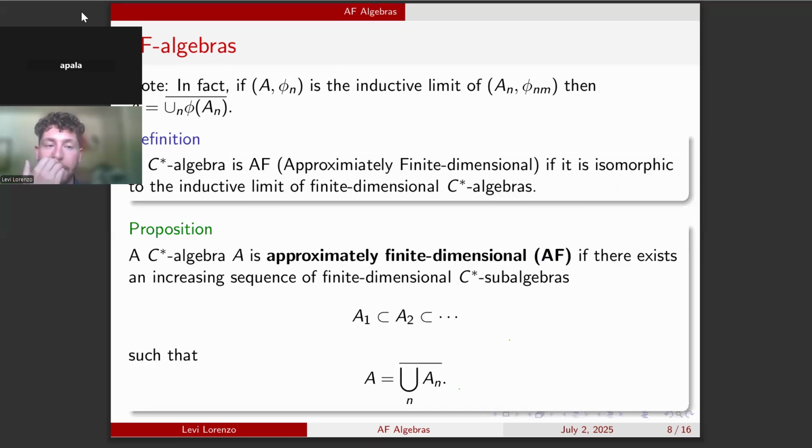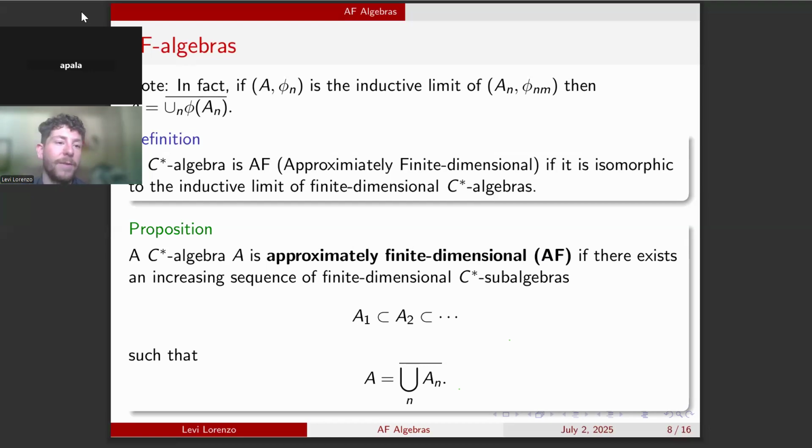And tying these two different ideas together, a C-star algebra A is AF if there exists an increasing sequence of finite dimensional C-star algebras that are dense in the algebra itself, and if that is true, then A is equal to the closure of these things.